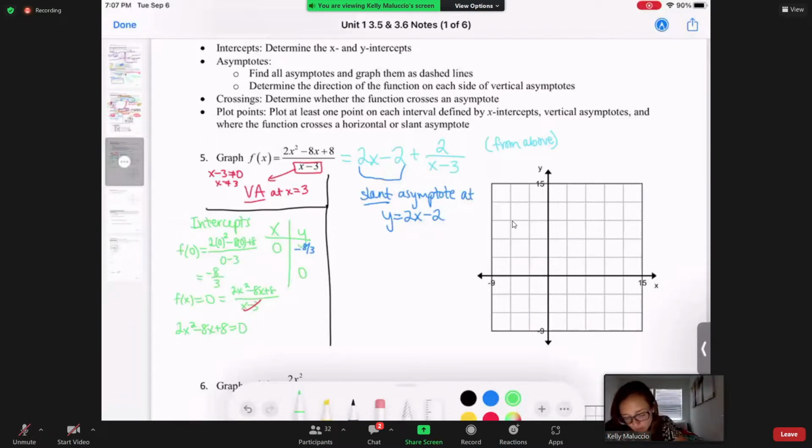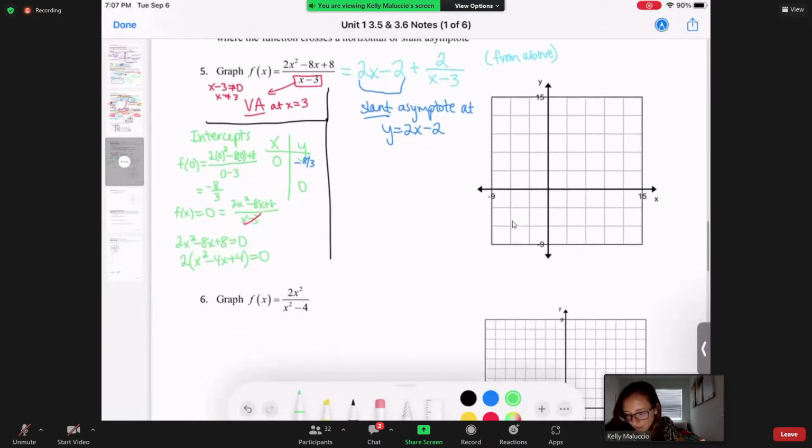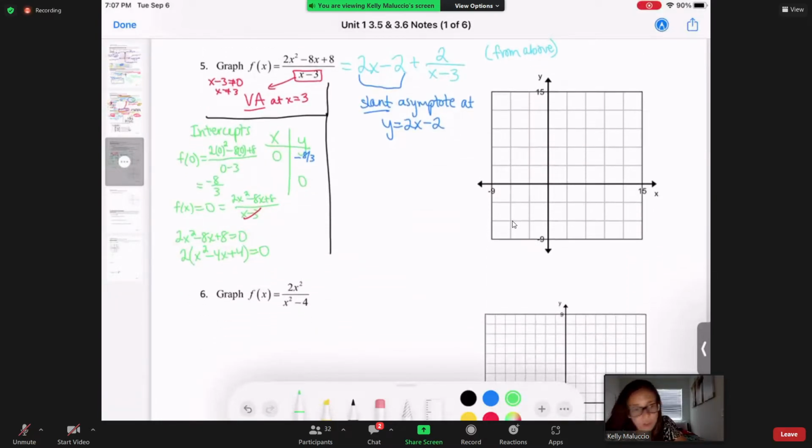Okay, so now let's finish factoring this. I can take a 2 out of everything, and I get x squared minus 4x plus 4 equals 0. You should be able to factor this, so it's just x minus 2 times x minus 2, which I could write as squared, meaning there's only one solution.